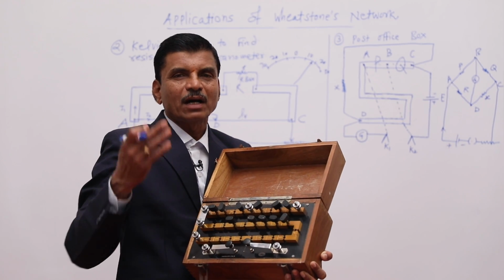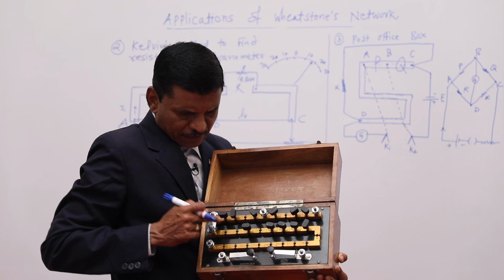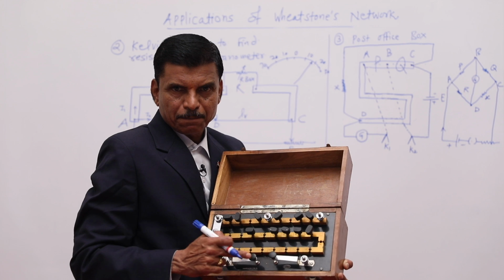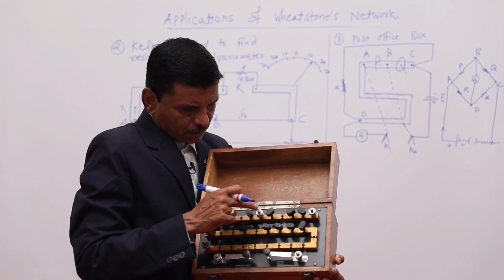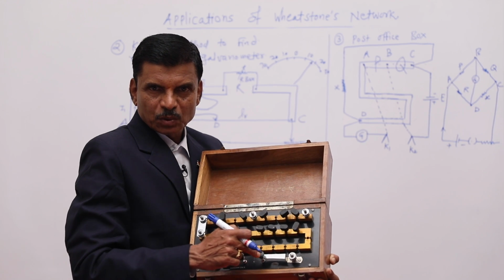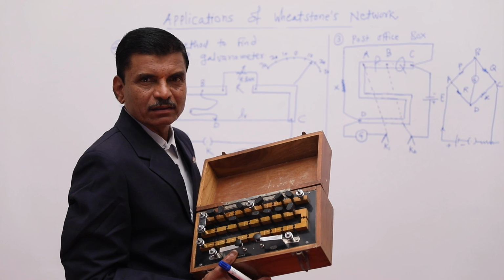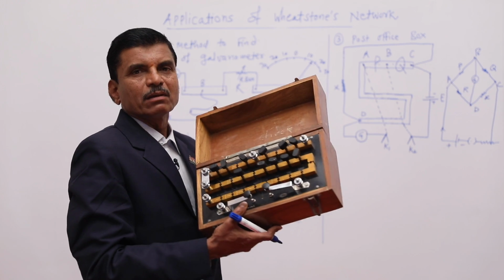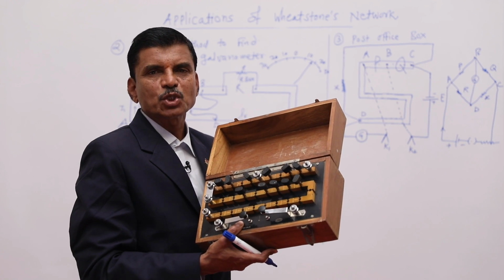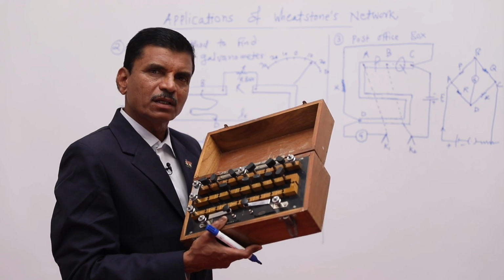We want to find the unknown resistance X. This A point is internally connected to this tap key K1. This B point is internally connected to tap key K2, and the connection is not shown. I have shown the connection here. Do you get this? What is this apparatus? Post office box. Okay. It is another nature of the Wheatstone network.